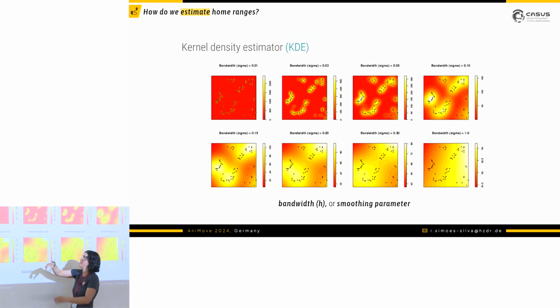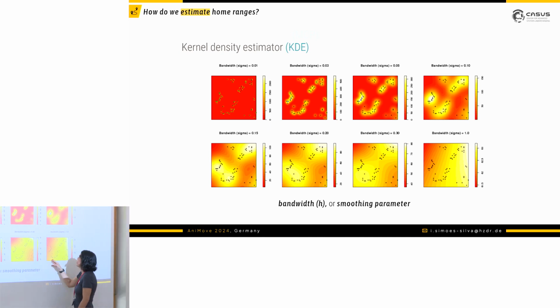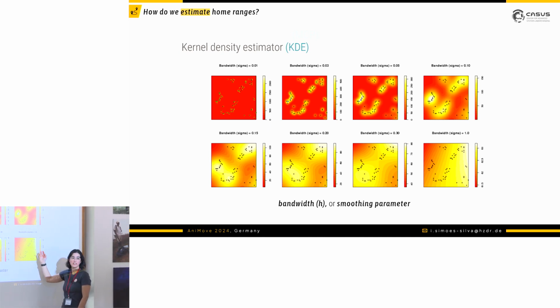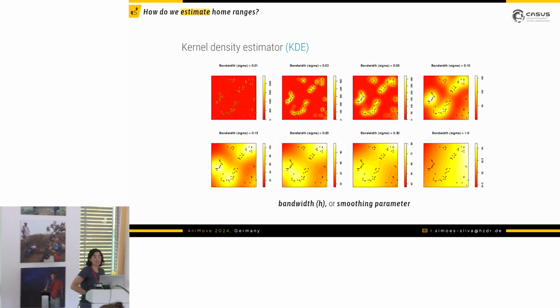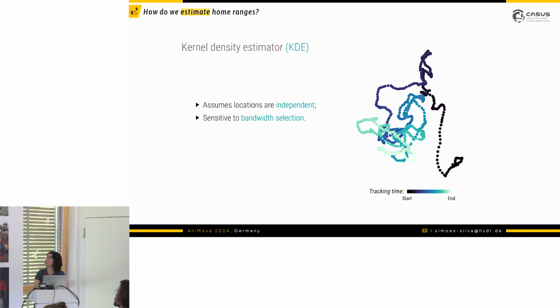That's basically saying the only areas of intensity of use are where my location was, and then you get further and further until the point where maybe everywhere is important, right? And this selection of the H value in the literature has plenty of different algorithms that are used. And obviously, it means that this method is very sensitive to this bandwidth selection.